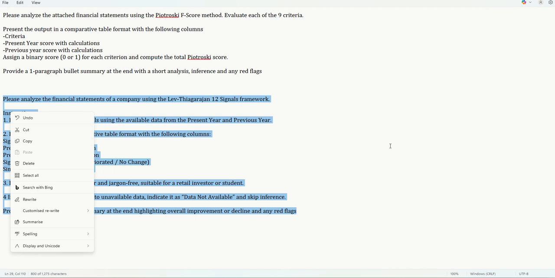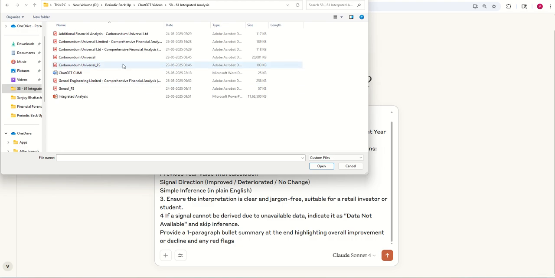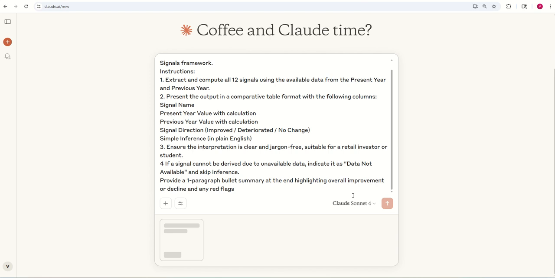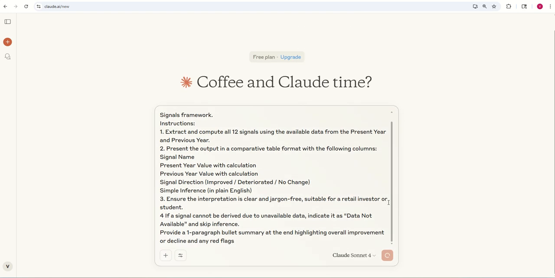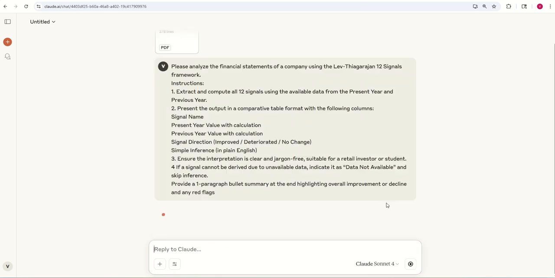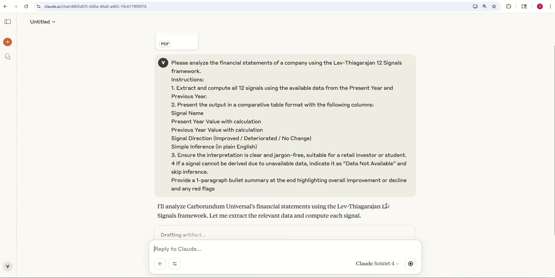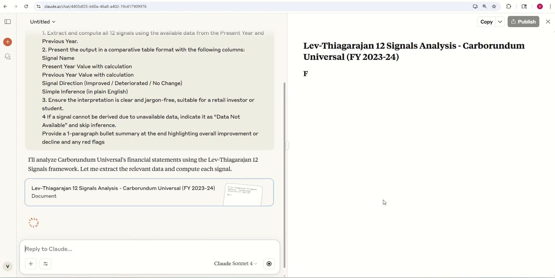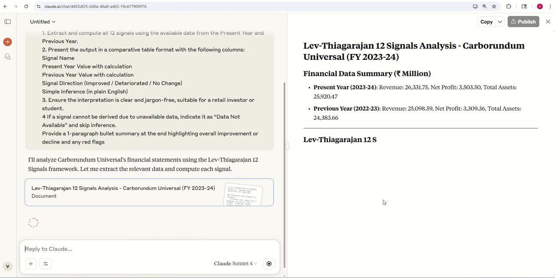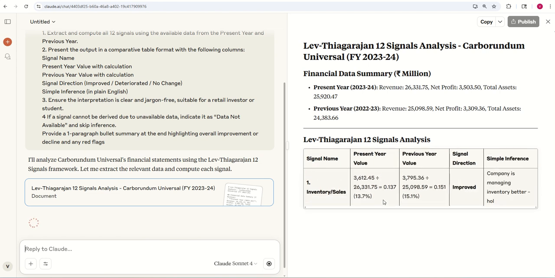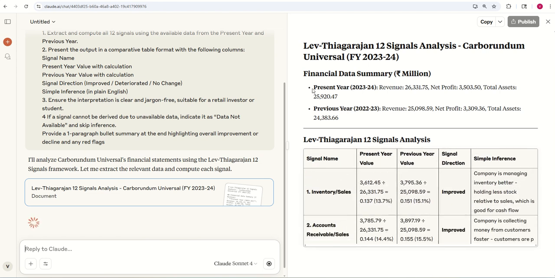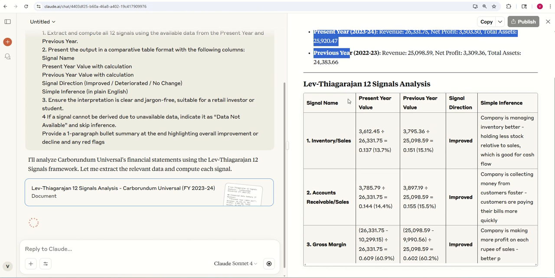Now I'm going to put it in Claude and use the Carborundum Universal financial statements. So let us see the analysis now. Okay, super. It is coming as a table. These are the signals.